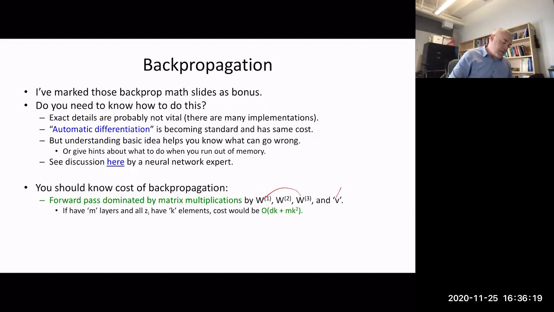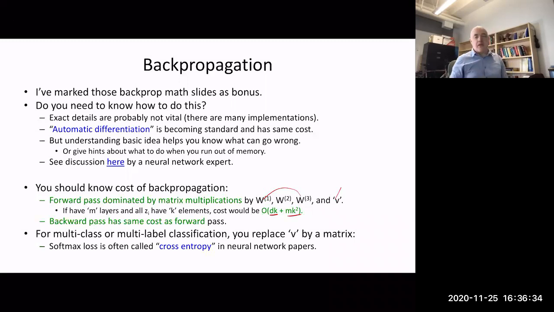So if we have m layers and all of the dimensions of the hidden units are k, then the total cost would be the final layer inner product plus a bunch of matrix multiplies, m of them. The main point, though, that you need to know is that the backwards pass in an automatic differentiation system takes the same computation. It has the same computational complexity as the forward pass through the model. So to get a single gradient evaluation, you have to push the value forward through the network and pull it all the way back. Cool.